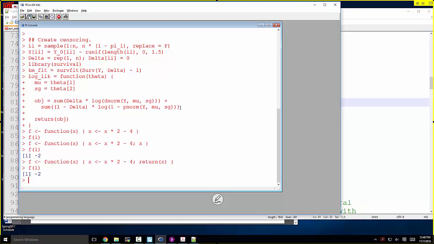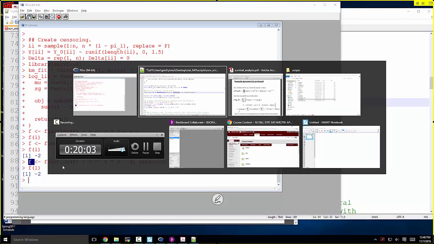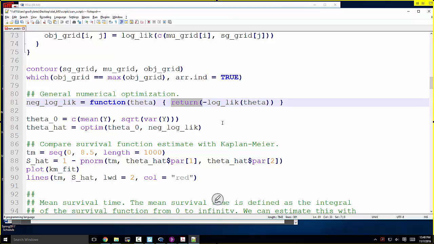But whenever I say return something, that's all that is saying: give it back to assign it to this object, for example, after calling the function.